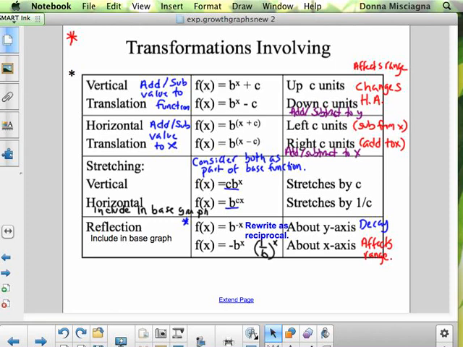The horizontal translations, you add or subtract something to x. If it is x plus, then it is a shift to the left and you subtract from x. If it is x minus c, the graph is shifted to the right and you add to the x values.